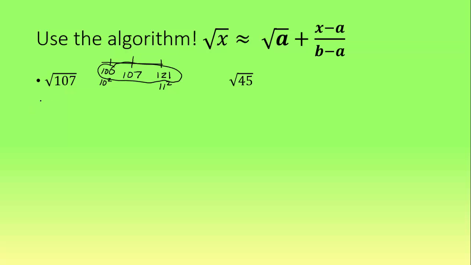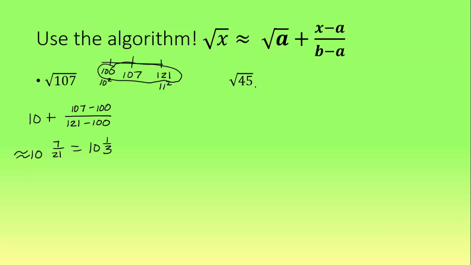First, we do square root of 100, which is 10, plus, and then we do some subtracting. 107 minus 100, and in the denominator, we subtract the two perfect squares. So this is 10 and 7/21, which can be reduced to 10 and 1/3. It's approximately equal to the square root of 107.